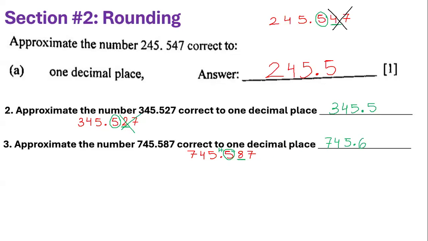Very good. Tell me why we put 6. Because 8 is greater than 5, so you can add 1. Very good. It's greater than 5, so we add 1.